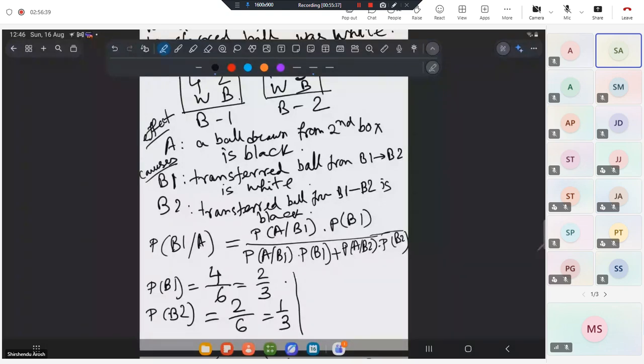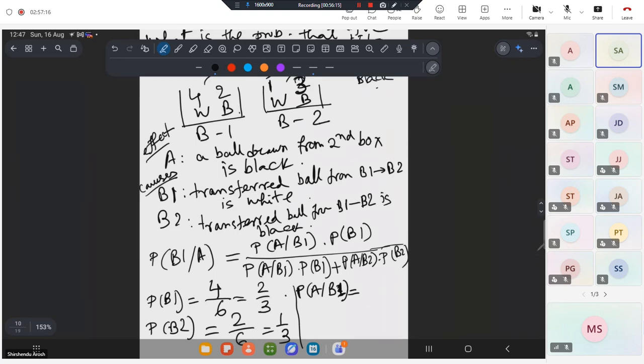Now what about P of E by B1 and P of E by B2? Let's first observe P of E by B1. The statement means: given that the transferred ball is white, what is the probability that the drawn ball is black? If the transferred ball is white, what is the composition of box 2?